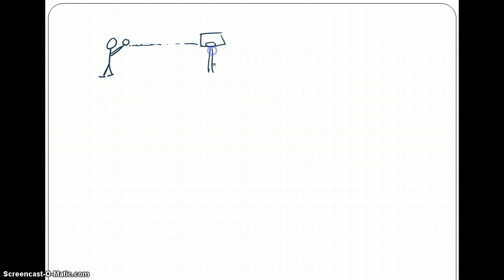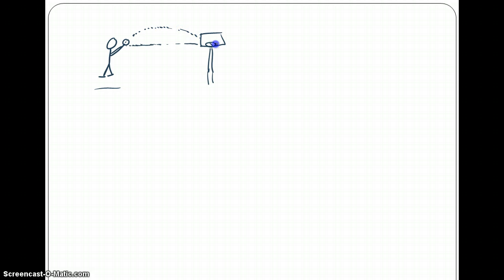Here's my basket, and this is a 10-foot high goal, so obviously my player's jumping in the air and they just happen to keep the ball at that point. Now, the ball itself is going to follow a parabolic trajectory to go in.